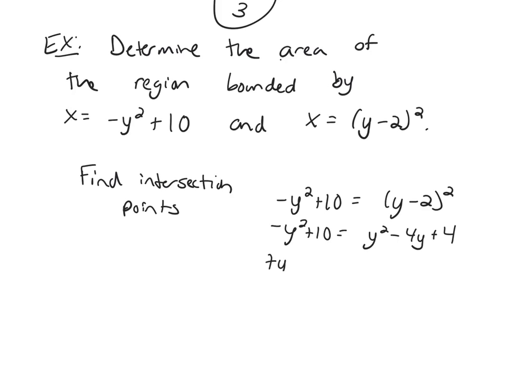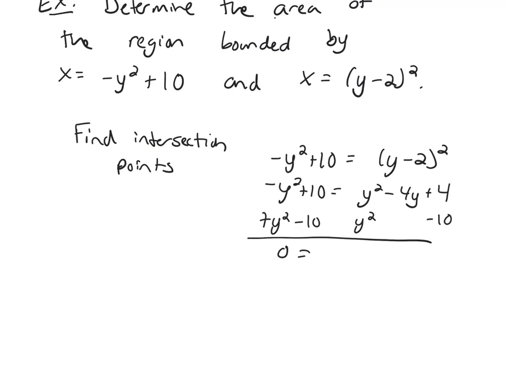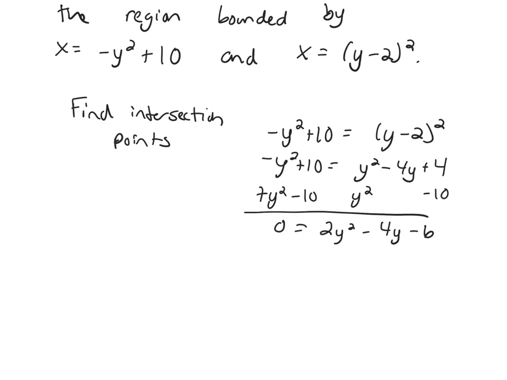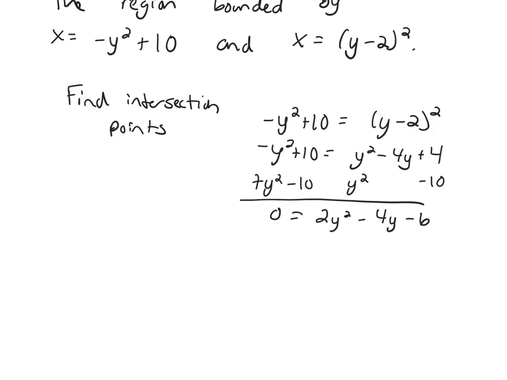So I'm going to add y squared to both sides, and I'm going to subtract 10 from both sides. 2y squared minus 4y minus 6. That appears again. We should already know how to factor this. If you divide it by 2 like I did before, you get 0 equals y squared minus 2y minus 3.